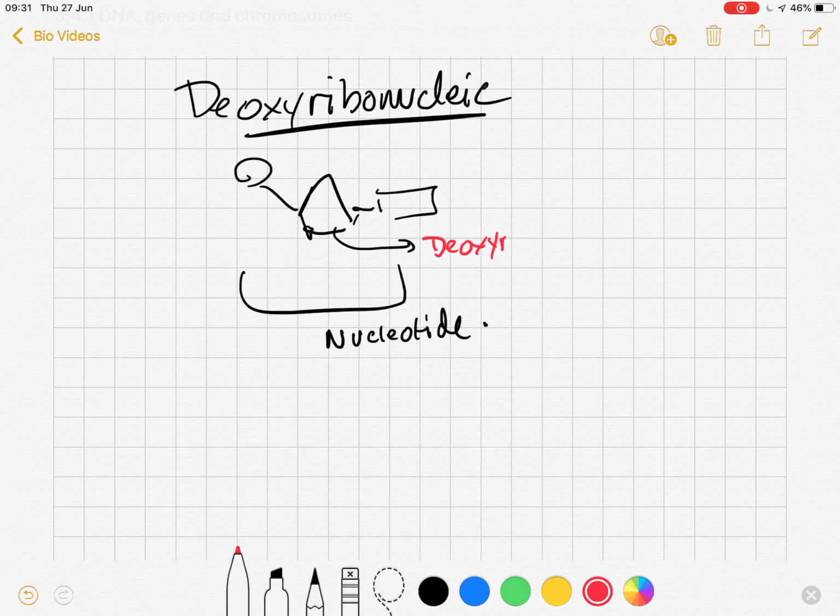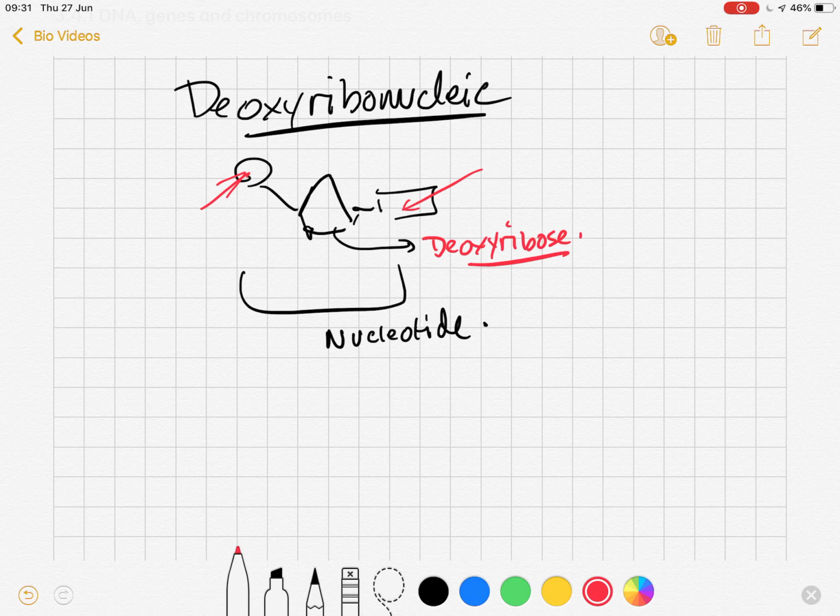And that deoxyribose sugar is a 5-carbon sugar that is missing an oxygen, which differentiates it from ribose sugar. Go back and look at our video on nucleic acids for a bit more detail on that. And then we have a base made of nitrogen, and we have a phosphate. So when this links together, we get a polynucleotide chain.